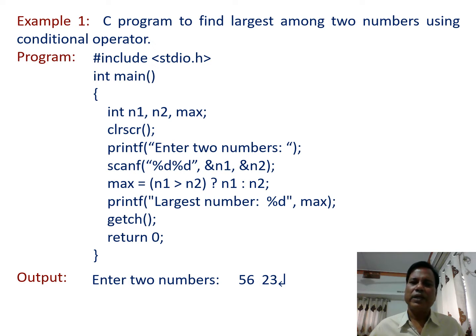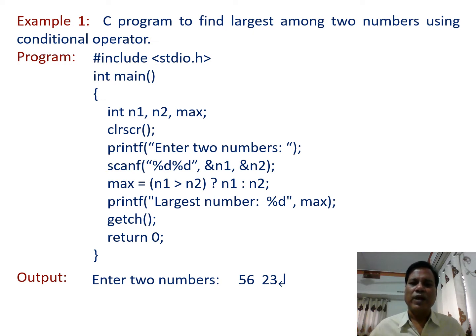Then in the conditional operator, n1 > n2 is naturally true, as 56 is greater than 23. So the true part, that is expression 2, the value of n1, is the value of the max variable. That is, 56 is assigned to max.